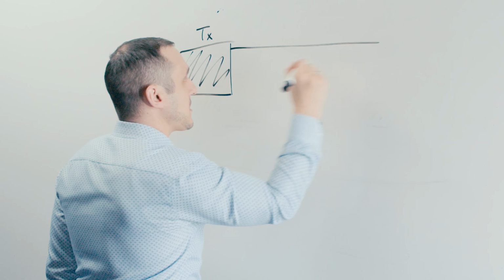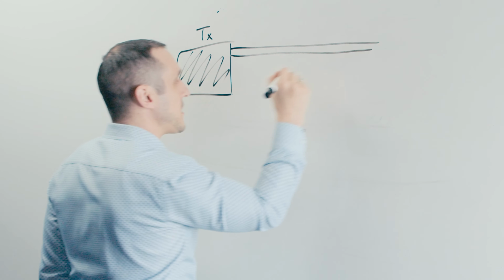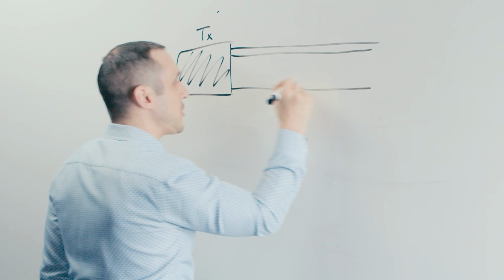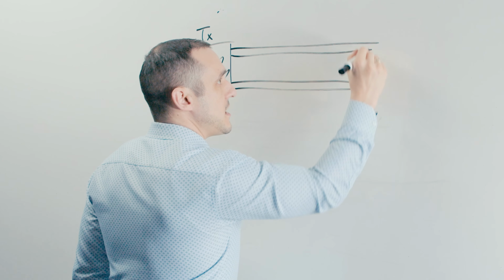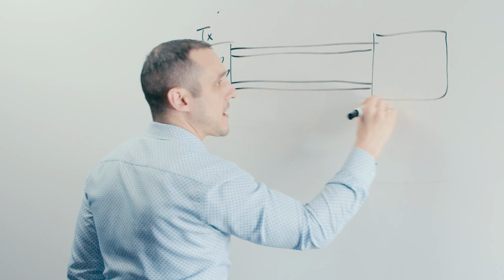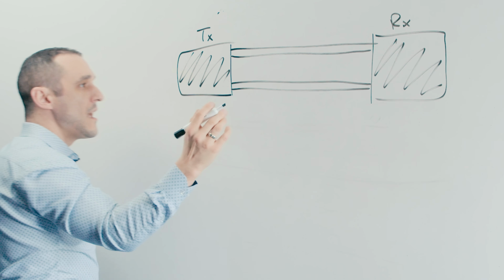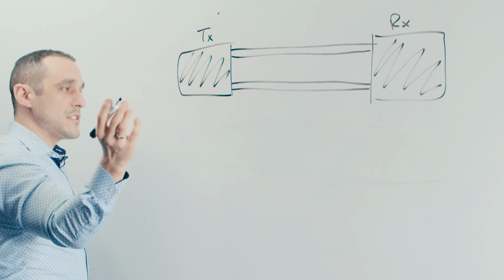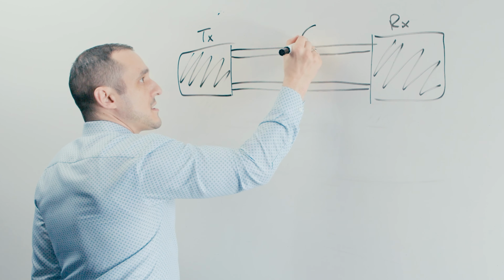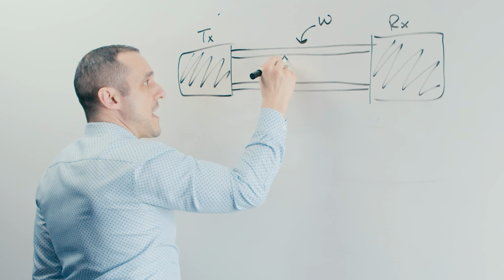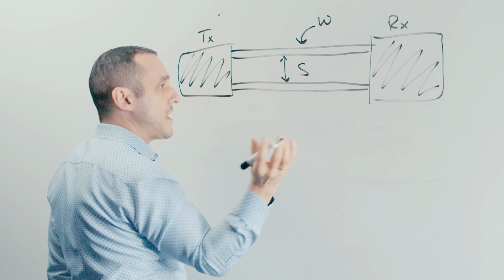Here I have my TX component, I have a trace being routed out, I have another trace over here being routed out, and then these connect to an RX component over here. Label it RX. And then there's some spacing between these two traces. So these traces each have a width, and then they have a spacing value between them.